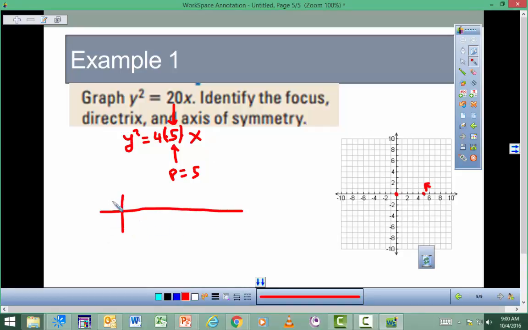You can just pick some x's or y's and find out some extra points. So here's what I recommend. You can pick a value for x and then find the y coordinates.